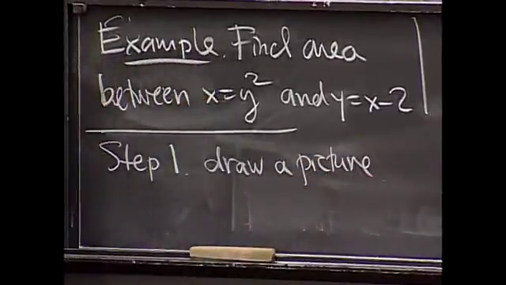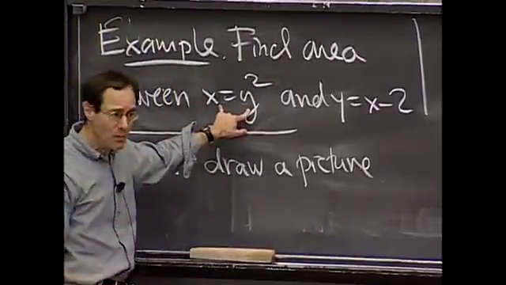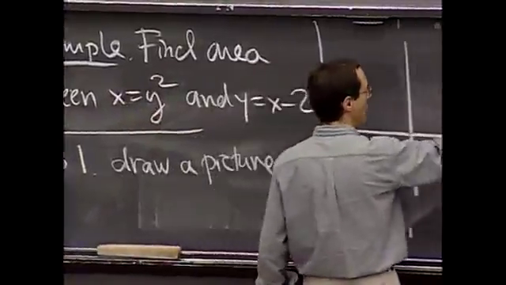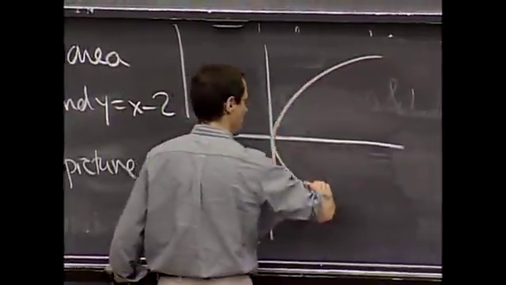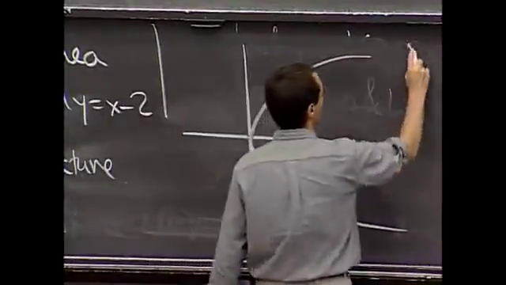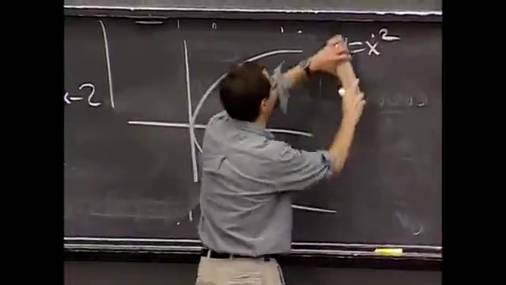If you don't draw a picture, you'll never figure out what this area is, because you'll never figure out what's what between these curves. The first curve, y equals x squared, is a parabola, but it's x is a function of y. It's pointing this way. So it's this parabola here. That's y equals x squared. Whoops, x equals y squared.